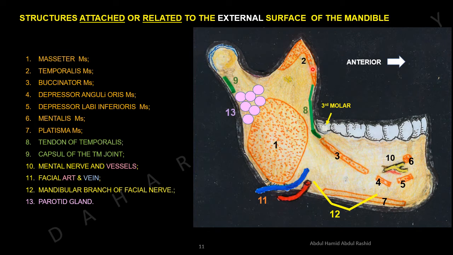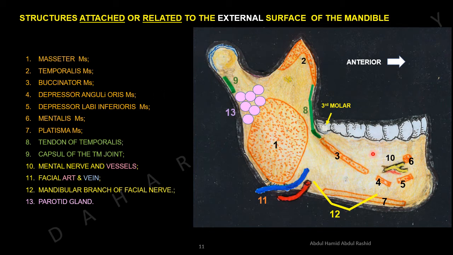Its strong tendon comes down, as we have already mentioned, and attaches along the anterior border of the ramus and right up to the inferior part of the third molar tooth. These are all the tendinous part of the temporalis muscle here.